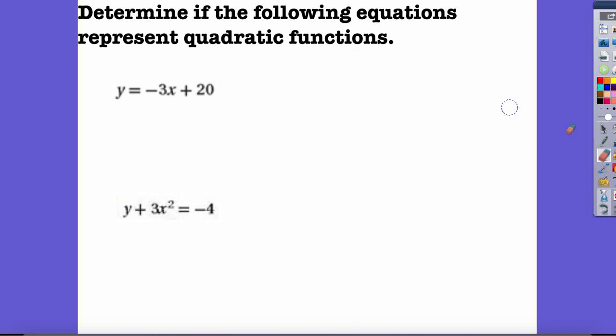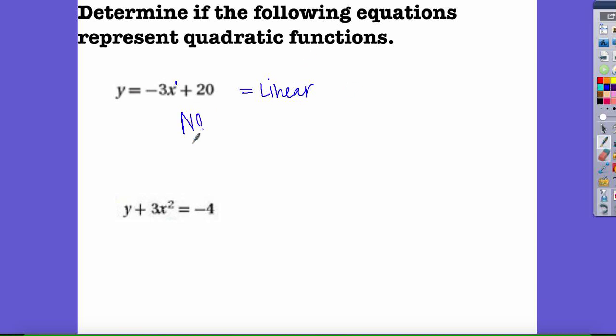So this first equation, it's already in a y equals format. There's no rearranging to do. The highest exponent on x is a 1, and if you remember from our labels, this is a linear function, so it is not quadratic.